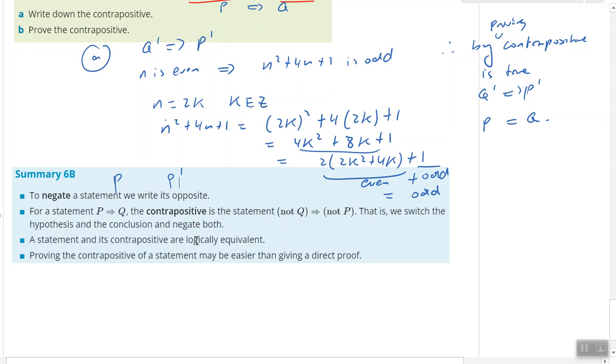A statement and its contrapositive are logically equivalent, and in some cases it may be easier to prove the contrapositive rather than doing the direct proof, P leads to Q. So doing not Q leads to not P is equivalent and proves P leads to Q. You might want to do that.